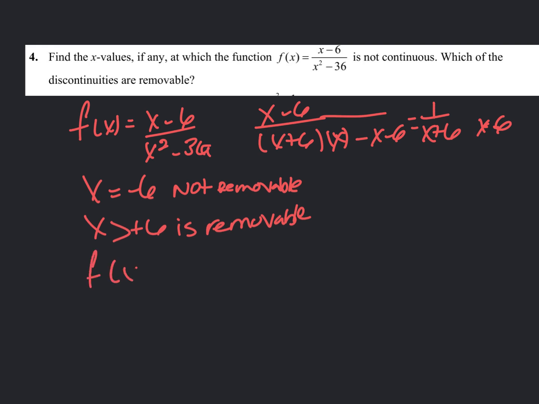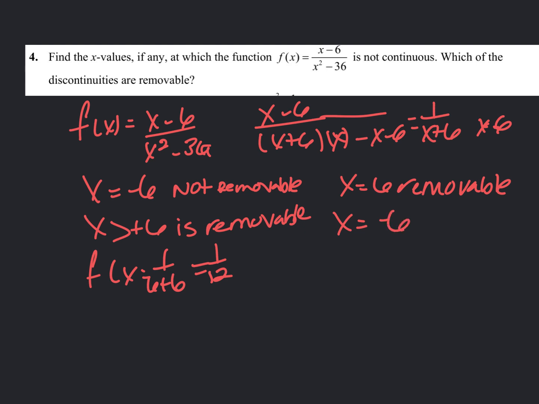Thus, f of x equals 1 over 6 plus 6, which equals 1 over 12. So, x equals 6 is removable, and x equals negative 6 is not removable.